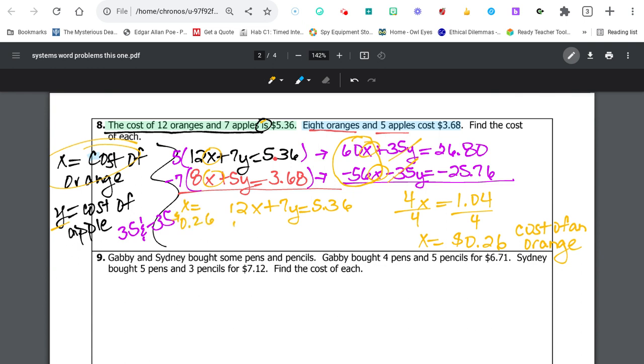So we're going to end up with 12 times 26 cents, plus 7y equals $5.36. Okay, what's 26 cents times 12? 312. So that's $3.12 for 12 oranges, plus 7y equals 536.